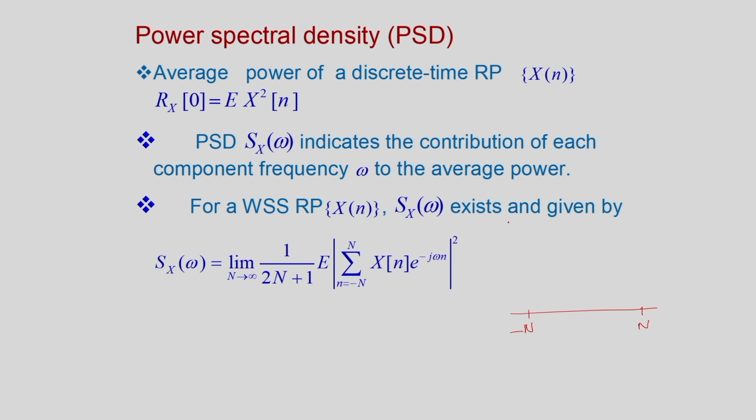Now, for a WSS process, this quantity exists actually, though the Fourier transform does not exist. The expected value of this quantity divided by 2N plus 1, if we take the limit N tends to infinity, that will be called the power spectral density. So, we have defined power spectral density.